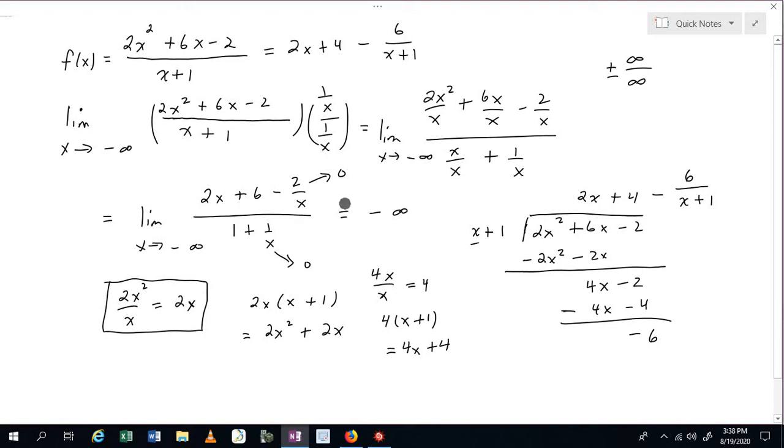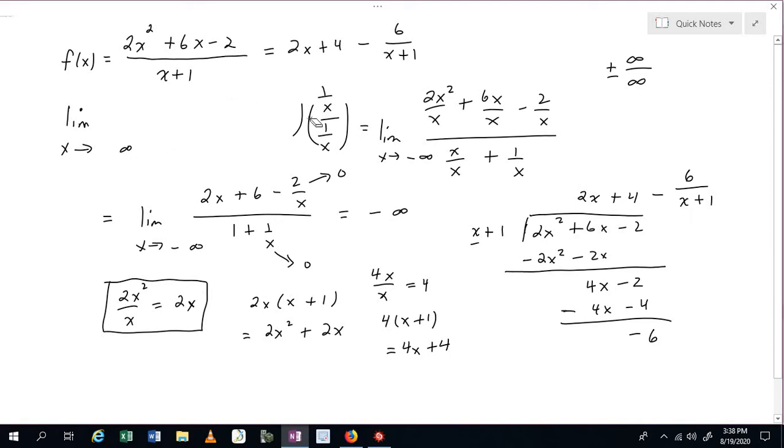Okay, so having said that, how does this help us? Well, this is how it helps. If I go back and evaluate this limit as x heads towards infinity, and then also we'll do it as x heads towards negative infinity.